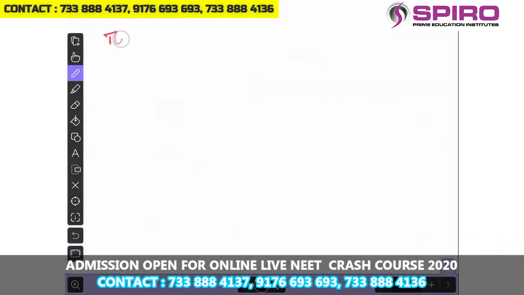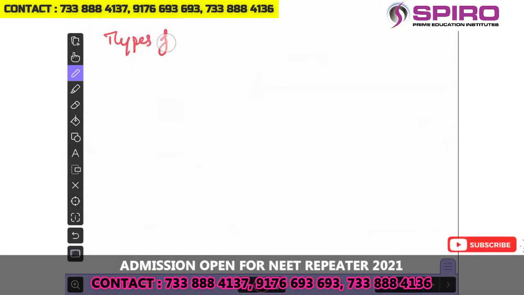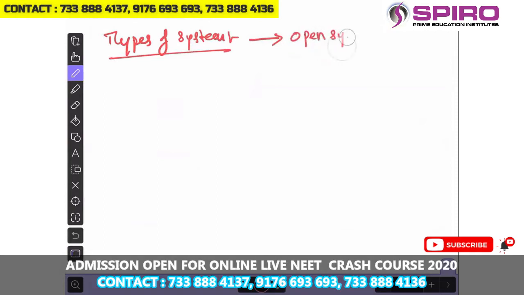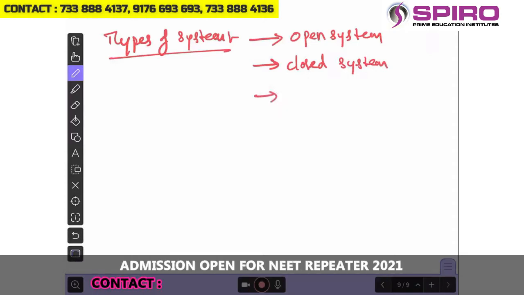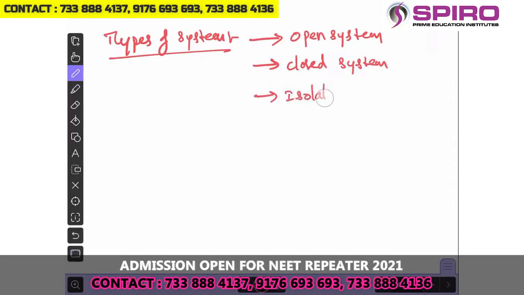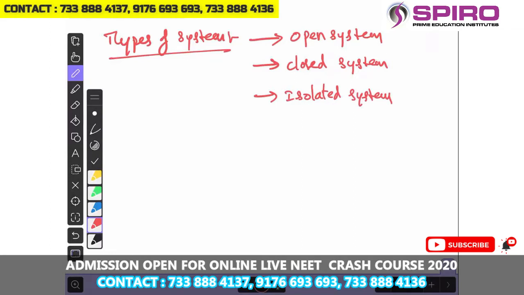Types of systems can be recognized as number 1 open system, number 2 closed system, and number 3 isolated system, right?